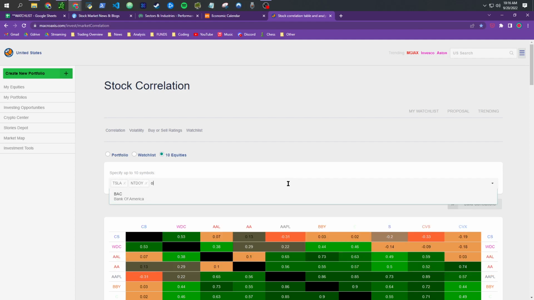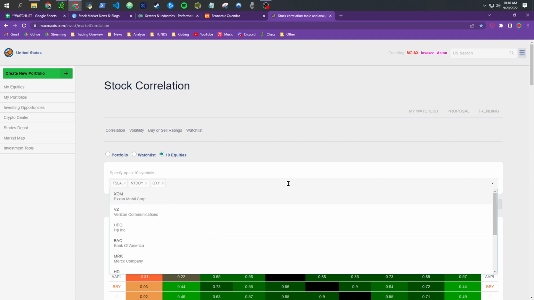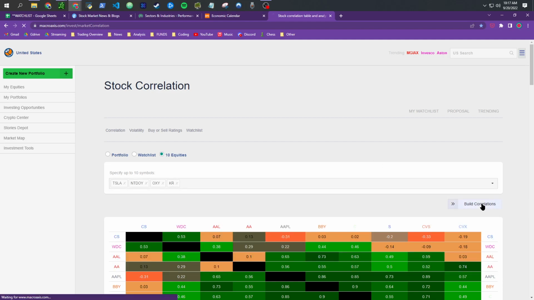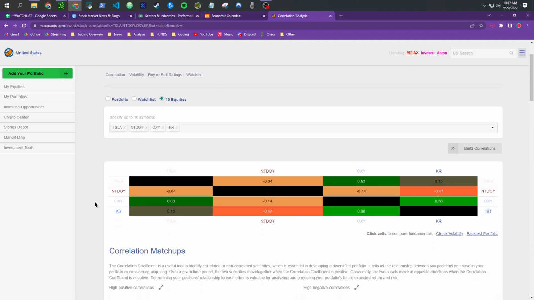Nintendo, yes. Occidental. And then what's that? Consumer discretionary, industrials, or energy. I'm still not sure which one Tesla's in. Occidental's energy. And let's do something not so crazy. I don't know, Kroger. Let's do Kroger, just for speaking purposes. I'm not even in Kroger.